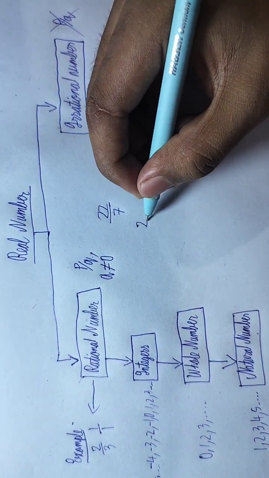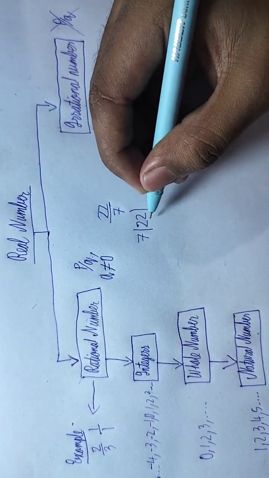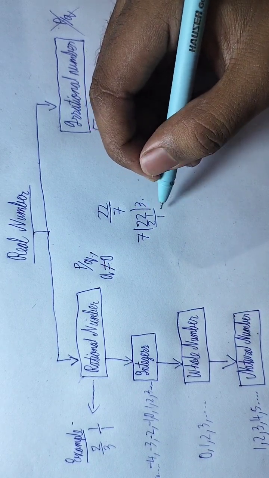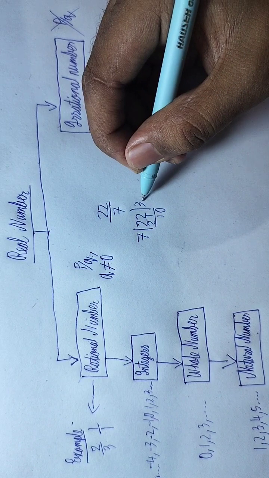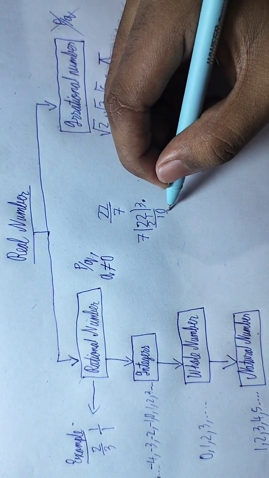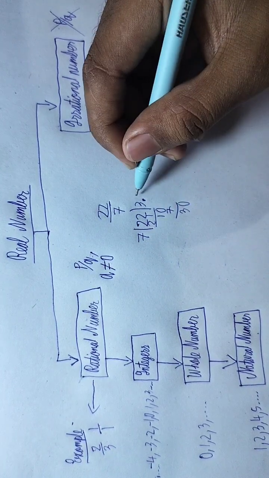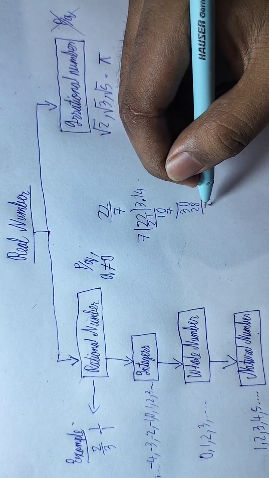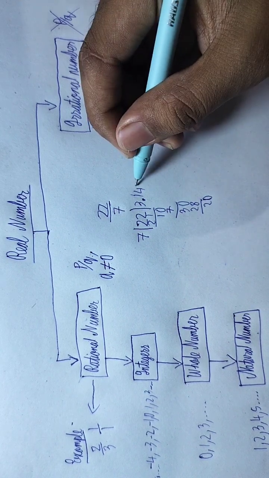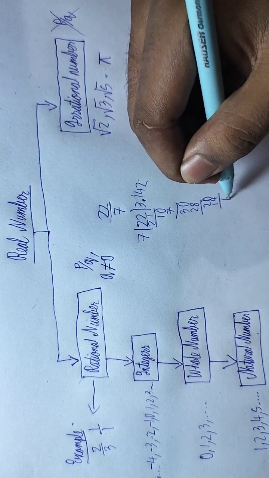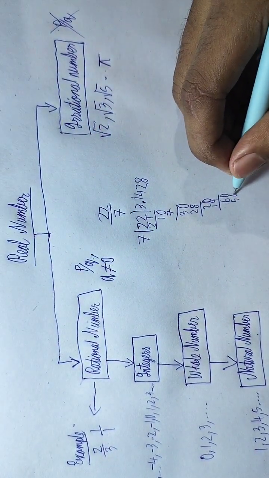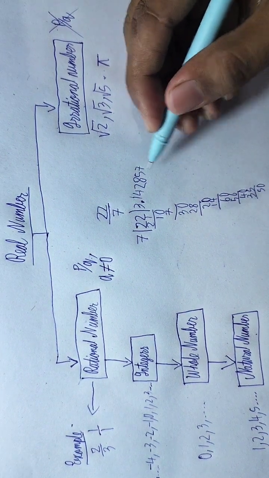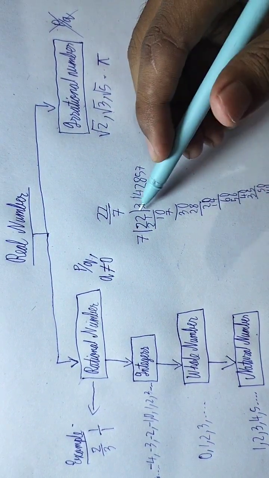Let me prove. 22 by 7. 7 threes are 21. 1 minus, then 0, then put a point. See, 1 is repeated.